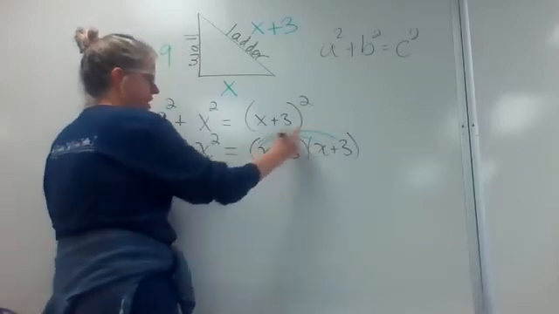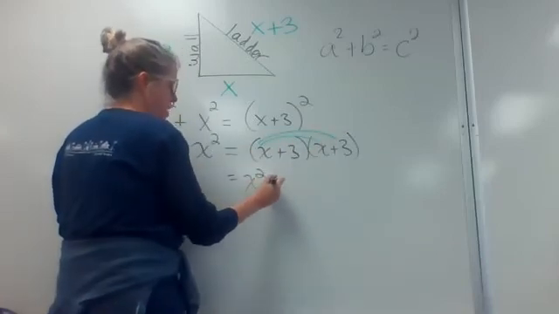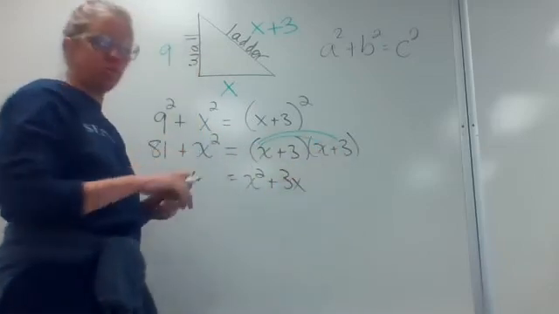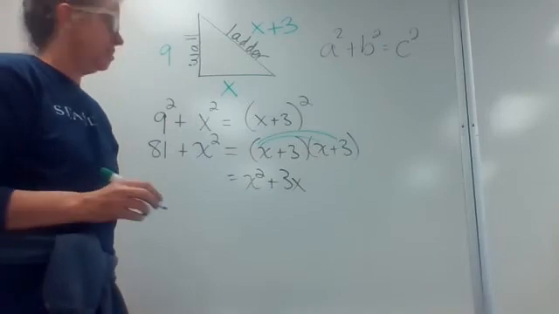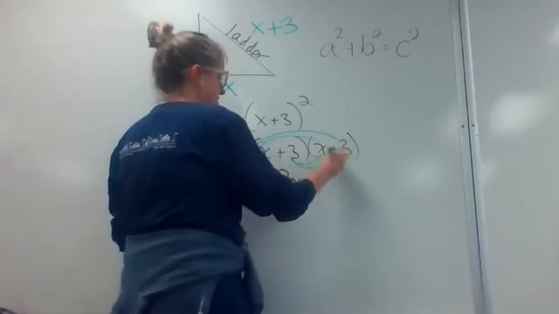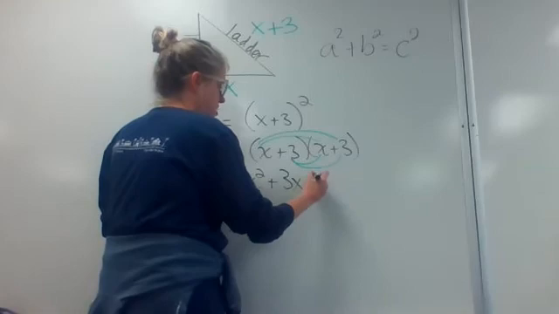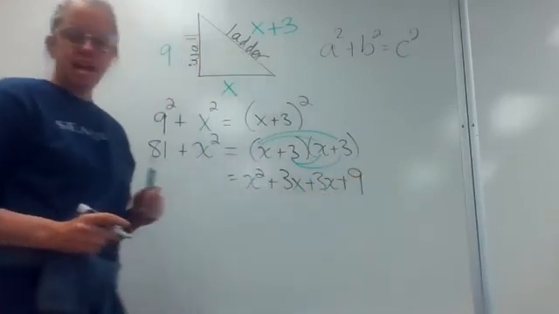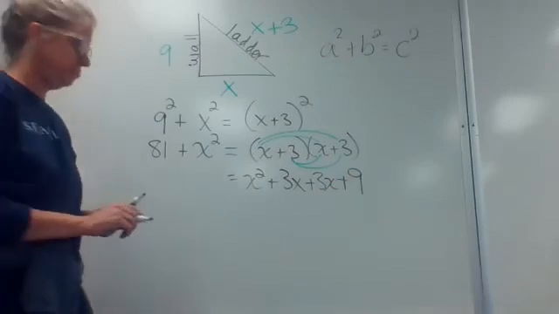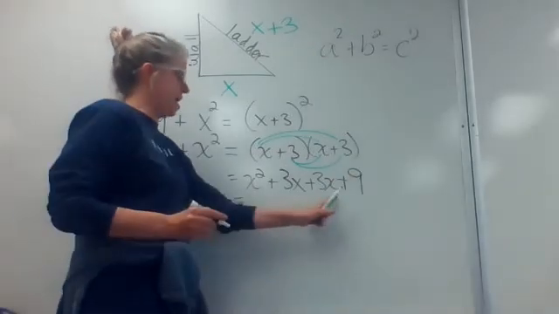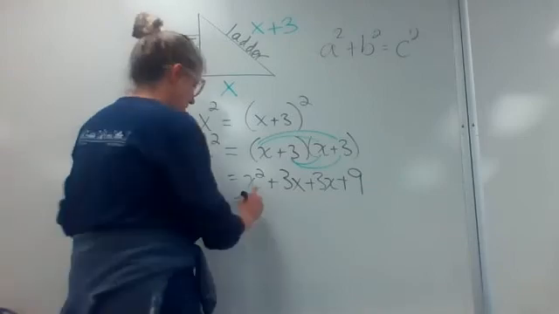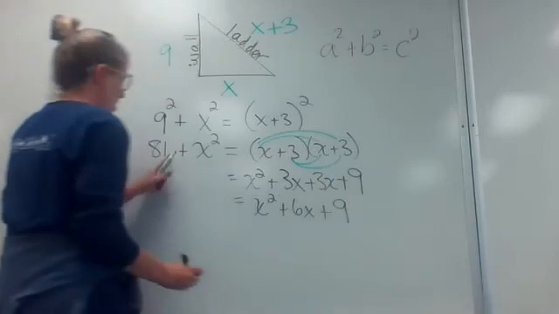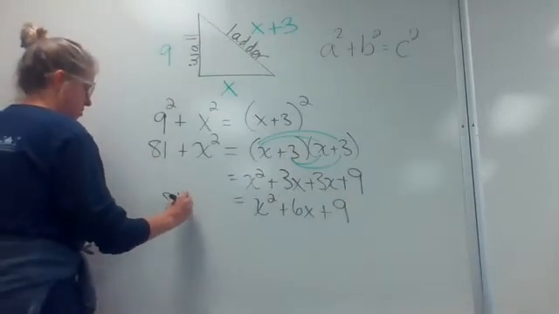X times X gives me X squared plus X times 3 is 3X. Inner, and last, 3 times X is another 3X, and 3 times 3 is 9. And then I need to put my X's together over here. So I have X squared plus 6X plus 9.